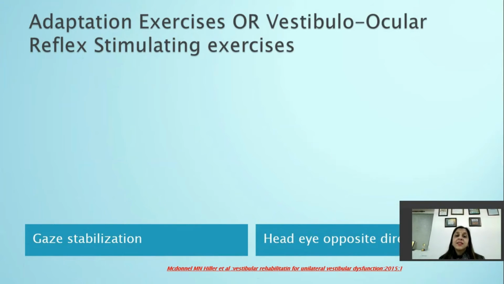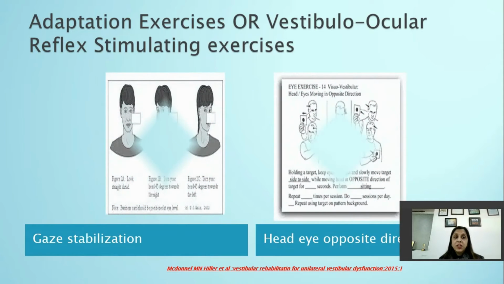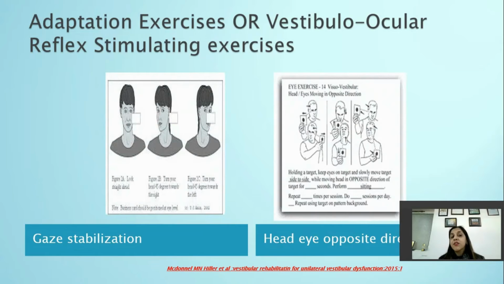The first exercise included in gaze stability exercises is gaze stabilization or adaptation exercises, based upon vestibulo-ocular reflex stimulating exercises. So first we'll consider gaze stabilization. What to do in this exercise is that we ask the patient to look straight and focus the vision at one particular point.